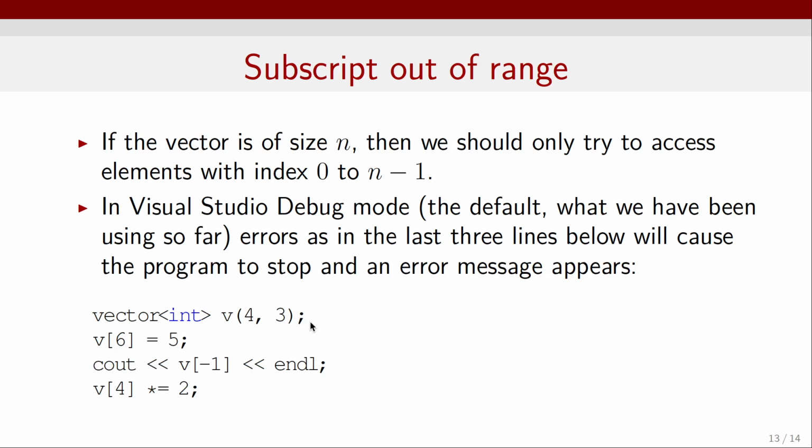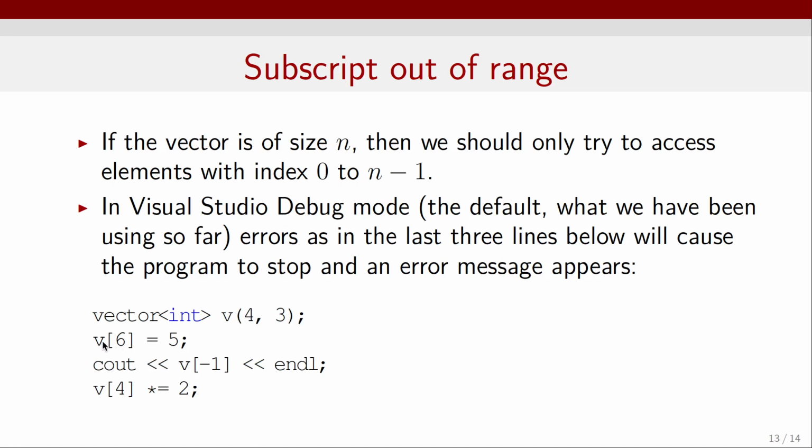In this case, I have declared a vector of size 4, and all elements are equal to 3. But that doesn't matter. What matters is the size of the vector is 4. So I should only try to access the indices from 0 to 3.